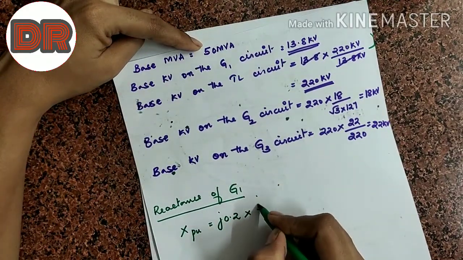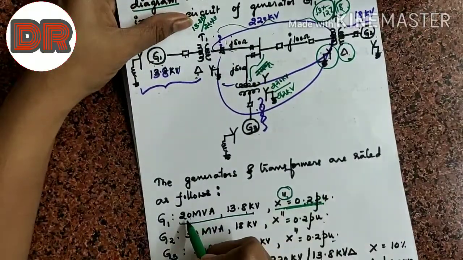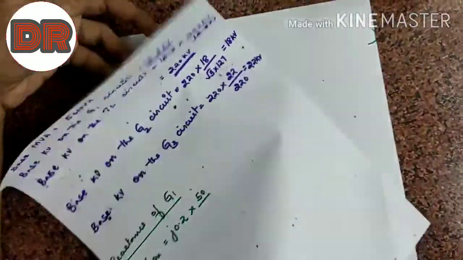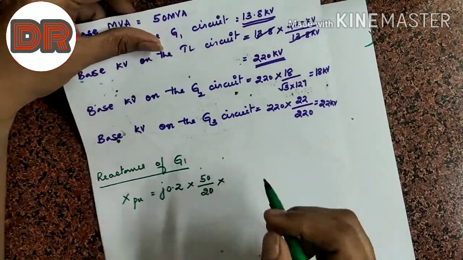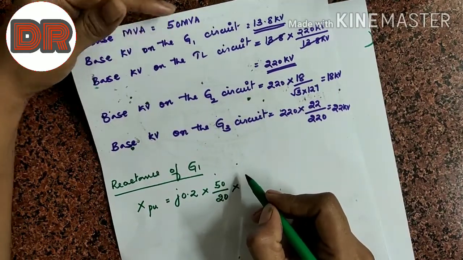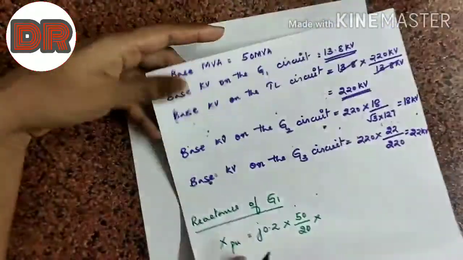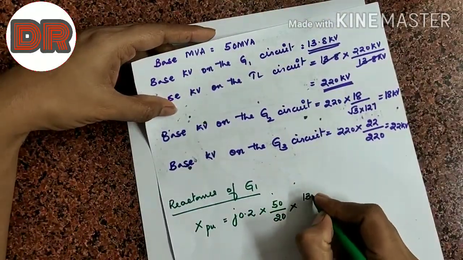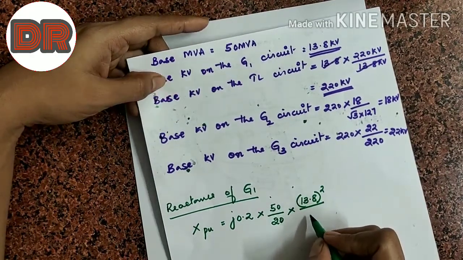It is 50 divided by old MVA of that particular machine, that is 20, into old kV base square. So what is the old kV base? That is 13.8 square, divided by new kV base square.